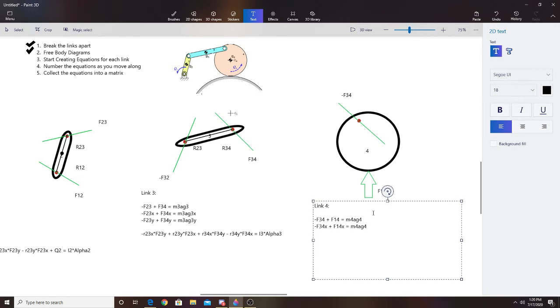Now you might be wondering, why is there an x component on this force? Because it's acting upward right now, right? You broke apart the links to show the forces, but if you look at the surface that this thing is moving on, very clearly this thing will have an x component. As it moves, it will not always be acting straight up and down as the picture is showing. And we don't even know if it's acting straight up and down, right?